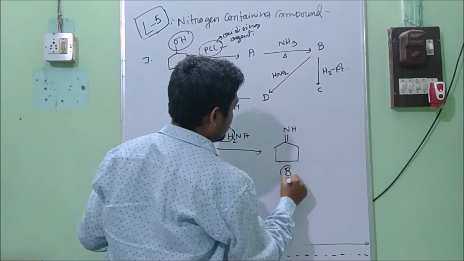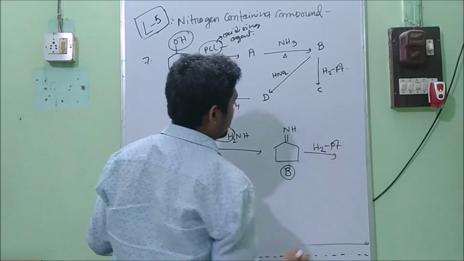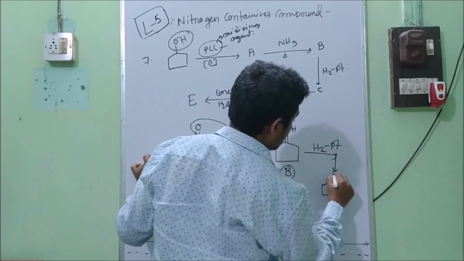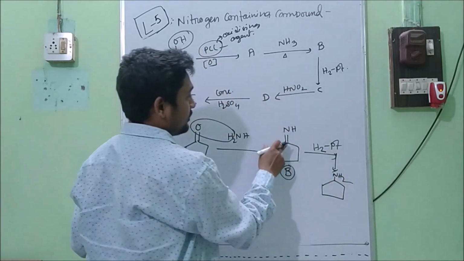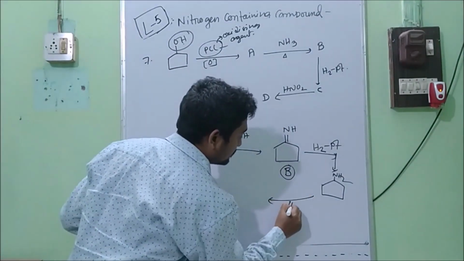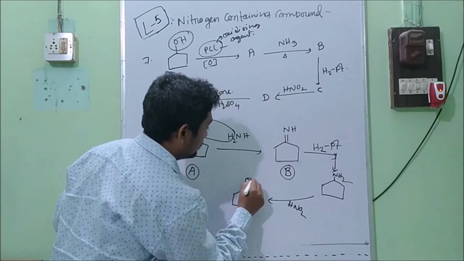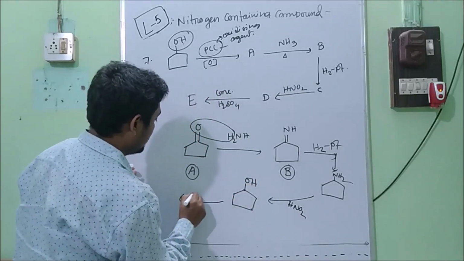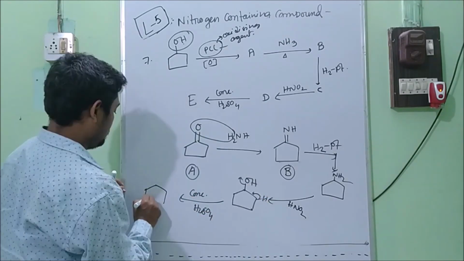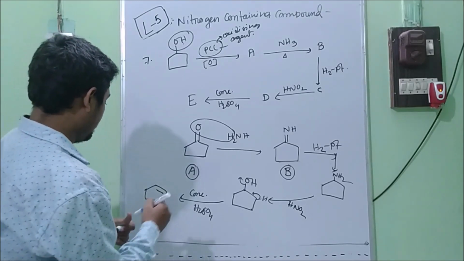This is B. Again on reaction with hydrogen and platinum, on reduction, it will convert into NH2. There will be addition of hydrogen with this carbon and with this nitrogen. Now, if we use HNO2, it will convert into OH, and on reaction with concentrated H2SO4, there will be elimination of water.